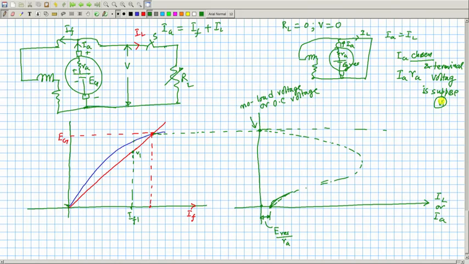terminal voltage is V1, and IA1 is the current at that time in the armature. Then I will say that V1 plus IA1 RA must be equal to your generated voltage.